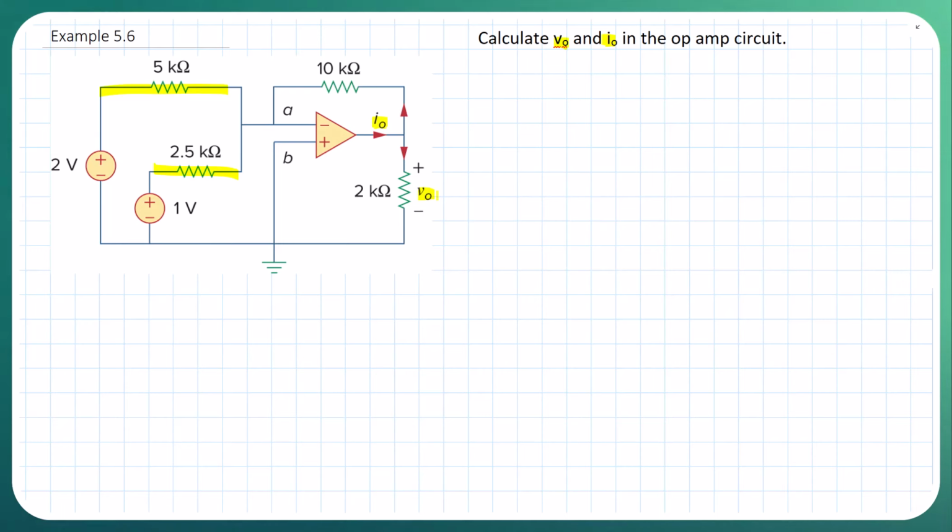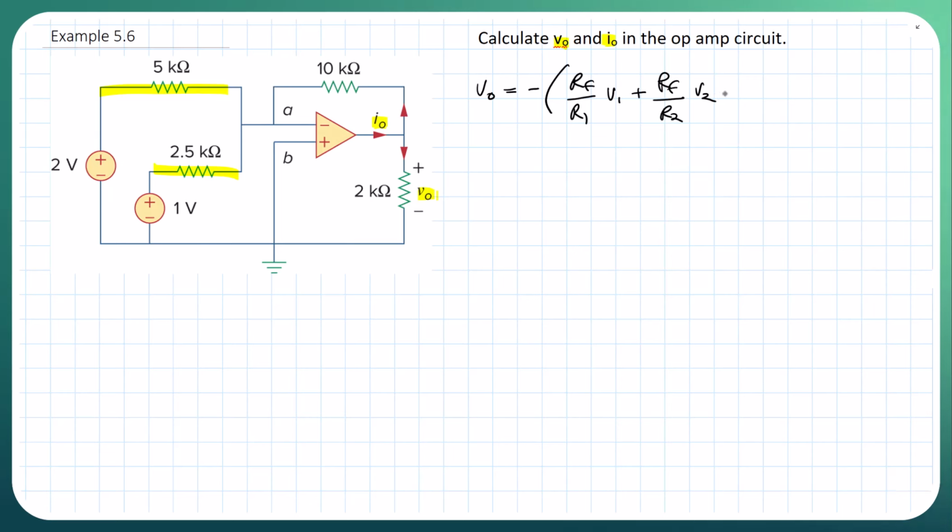So first thing we want to do is go back to our summing voltage equation, which is given to us as V0 equals minus R feedback over R1 times V1 plus R feedback, the feedback resistance, over the second resistor times V2.